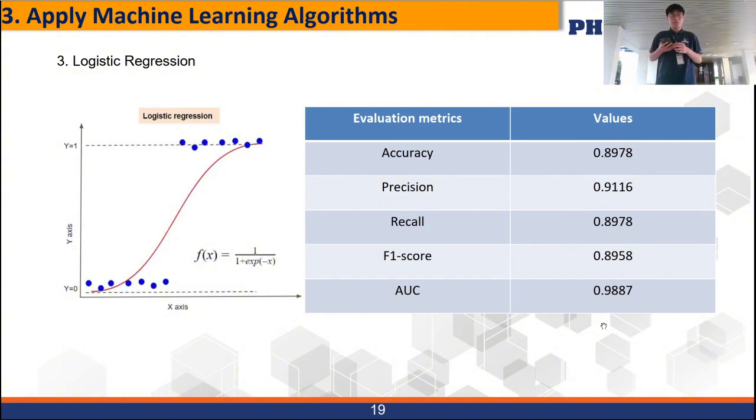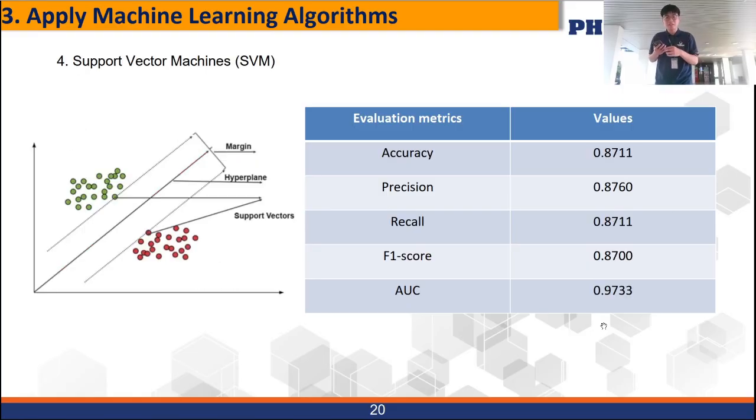The third one is logistic regression. It's a statistical machine learning algorithm that uses a softmax activation function to classify. As you can see, the accuracy of logistic regression is lower than the random forest.